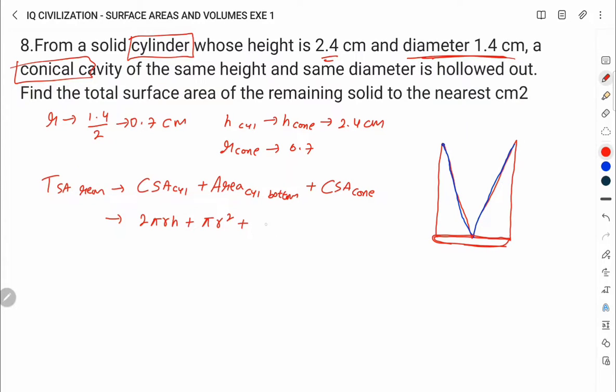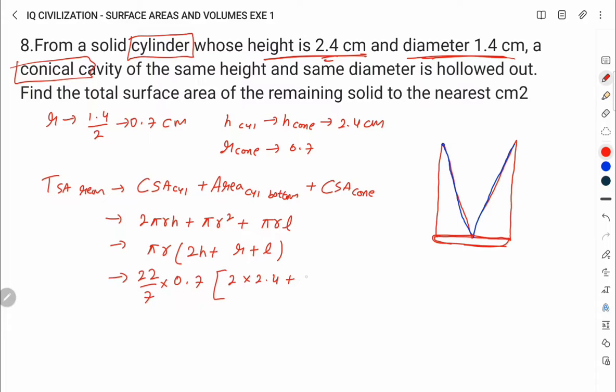That is why pi r square, plus this is pi r l. In this, pi r is common, so pi r into 2h plus r plus l. So 22 by 7 into radius 0.7 into 2 into h, height is 2.4. So I will write 2 into 2.4 plus 0.7 plus l.